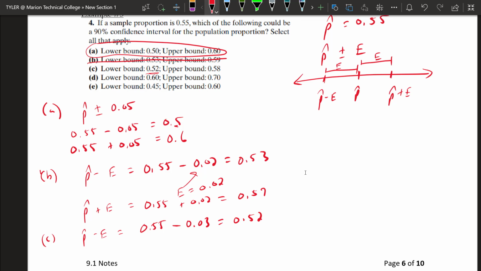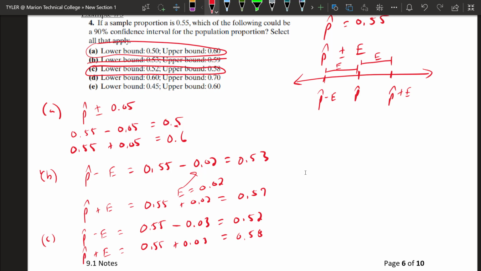So then if I take p hat plus E, which would be 0.55 plus 0.03, that would equal 0.58, right? Which, that one works. The lower and upper bound match, so we have a consistent margin of error. So C is good.